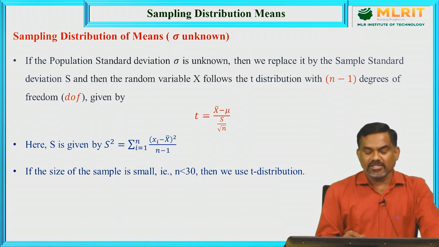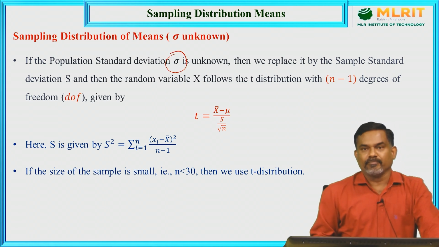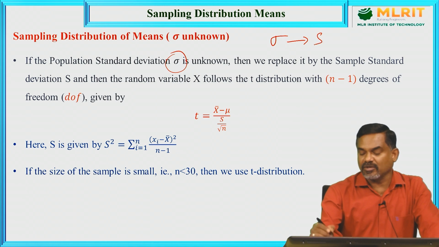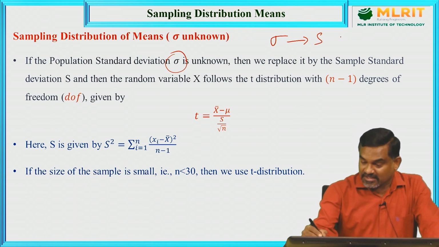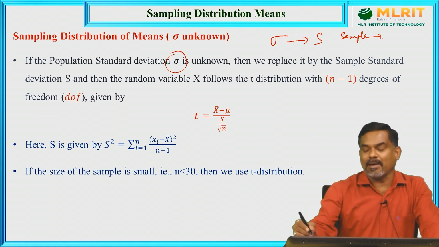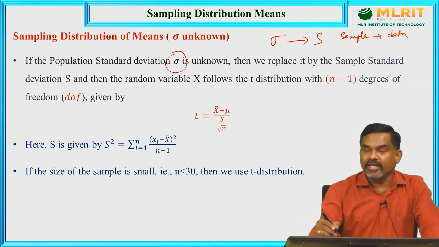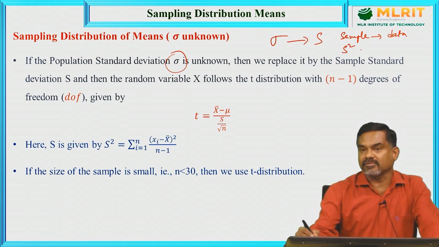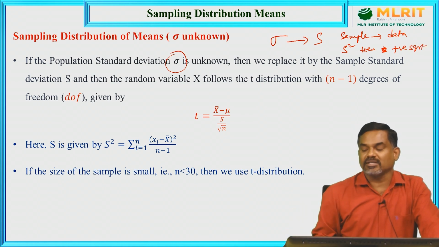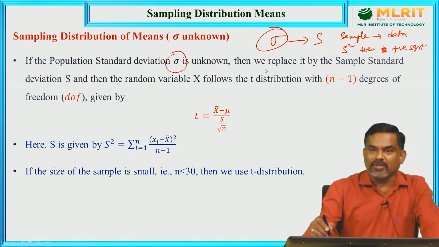If the population standard deviation sigma is unknown, simply we replace this sigma by the standard deviation of the sample. If a sample is given, that means we have the sample data, then we can calculate the variance S square, then the positive square root of variance is called standard deviation. So, if sigma is unknown, simply we replace it by S.